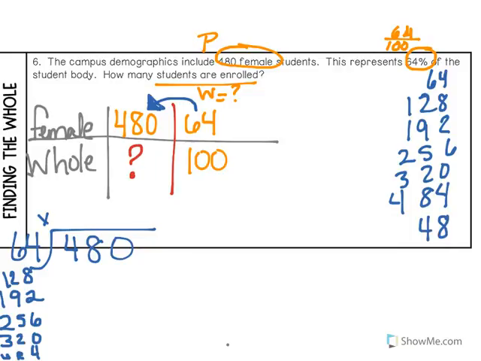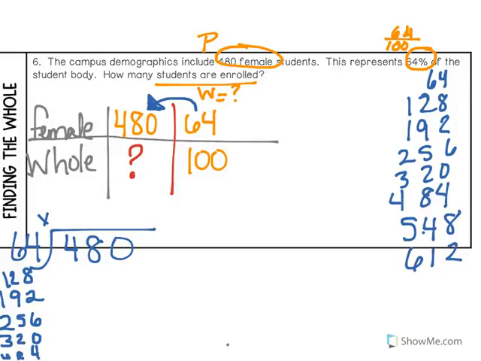Oh no. 4 plus 4 is 8. 8 plus 6 is 14. 4 plus 1 is 5. Add another 64. 8 plus 4 is 12. 6 plus 1 is 7. 612.